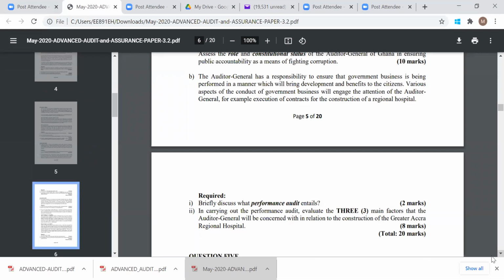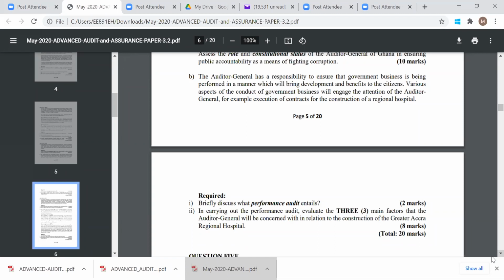The Auditor General has a responsibility to ensure that government business is being performed in a manner which will bring development and benefits to the citizens. Various aspects of the conduct of government business will engage the attention of the Auditor General, for example, execution of contracts for the construction of a regional hospital.